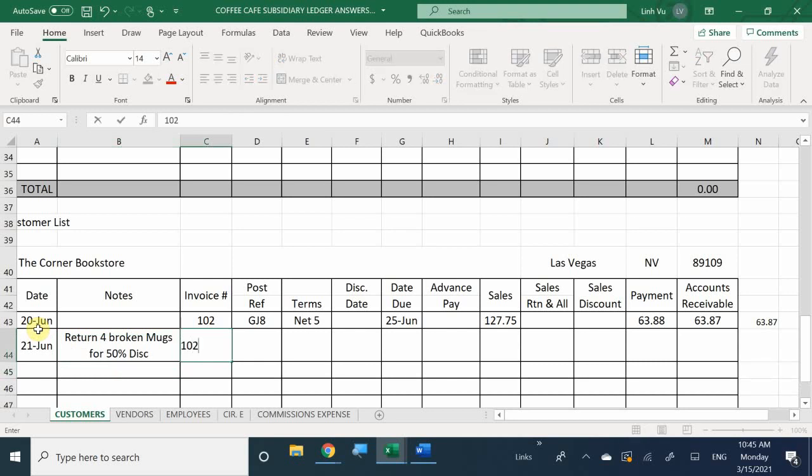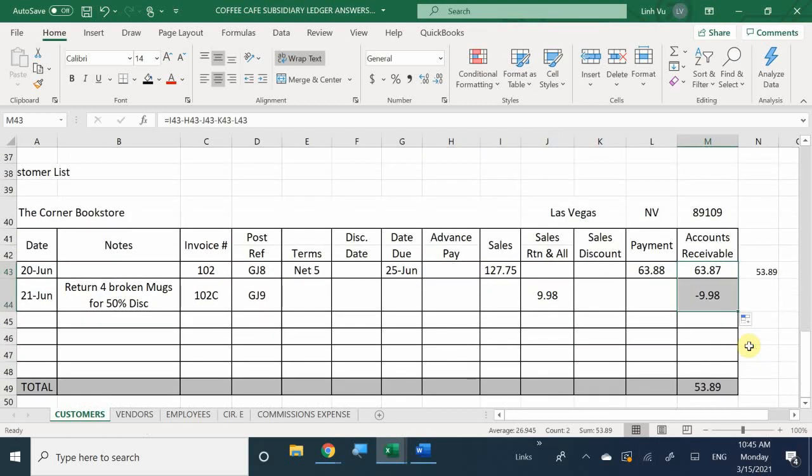Again, 102C because we're giving a customer credit. Okay. General journal number 9. Right. And here we're putting it under sales returns and allowances for $9.98. So therefore, corner bookstore only owes us $53.89. Okay.